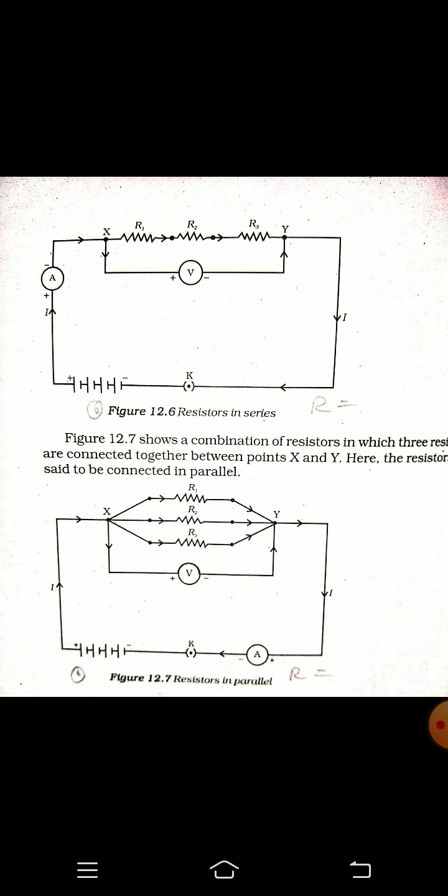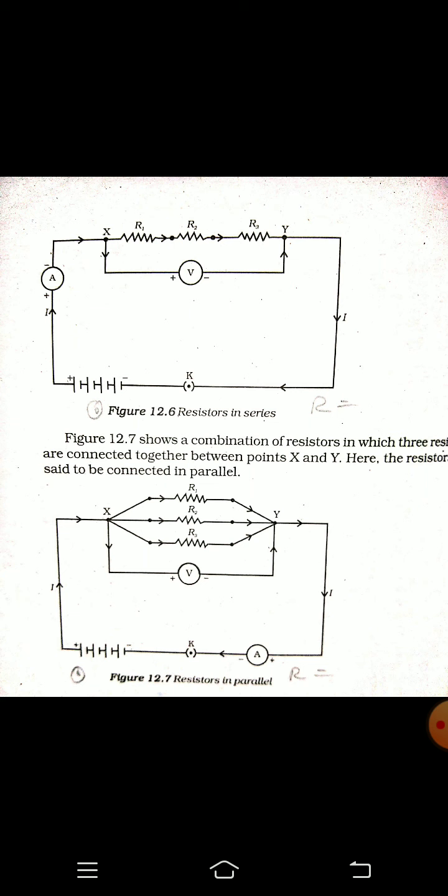Now you have to remember, when the resistors are connected in series, this is the way you have to draw a figure. Now, what else is there in an electric circuit for this series connection? You can see there is an ammeter. How is this ammeter connected? In series connection. There is a combination of cells which is called a battery.